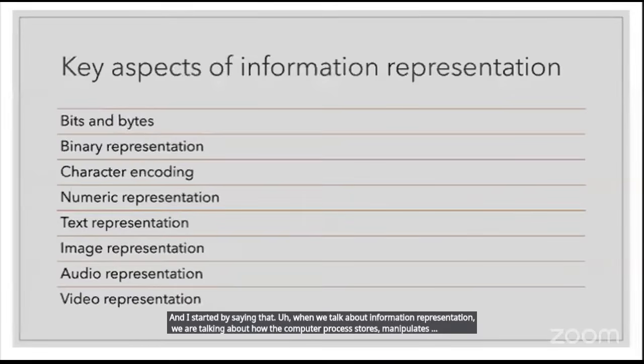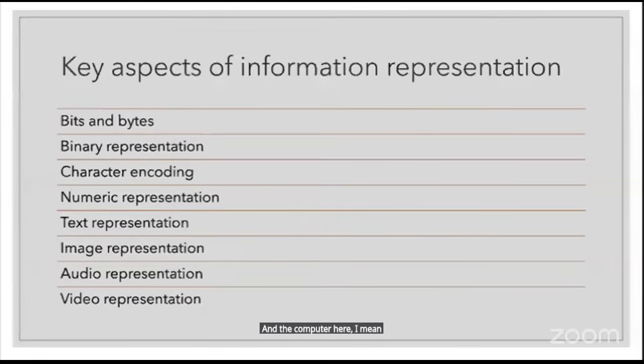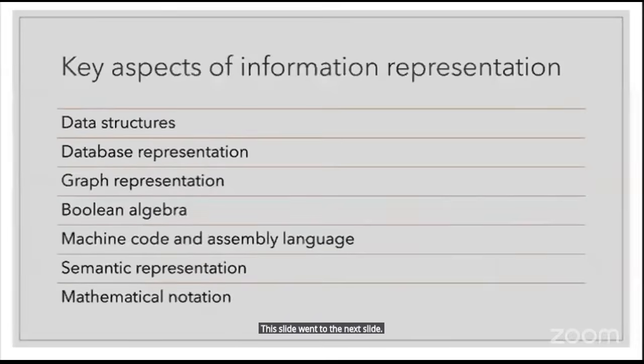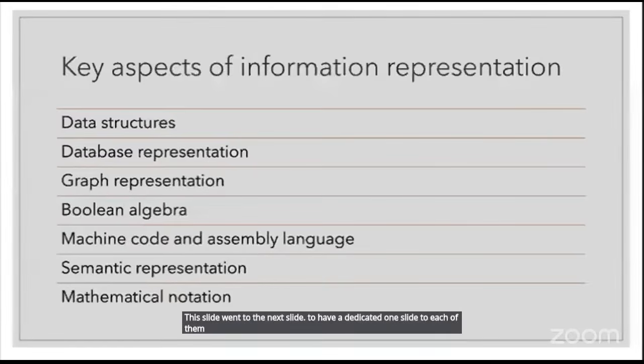And the computer here, I mean anything digital, your laptop, your phones, the traffic lights on the streets. These are all digital devices. And I listed key aspects of information representation. I've dedicated one slide to each of them.